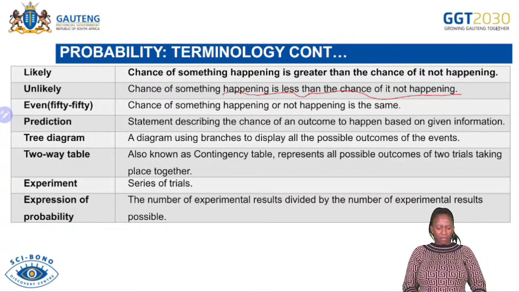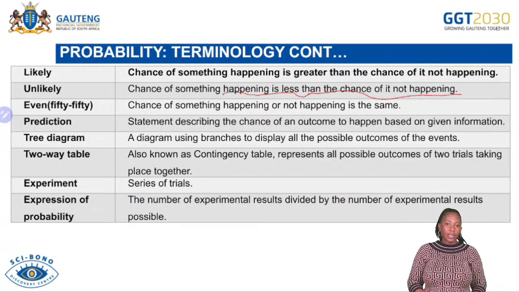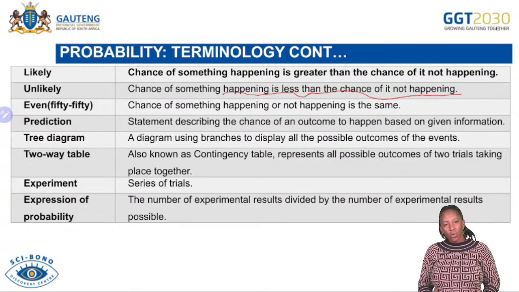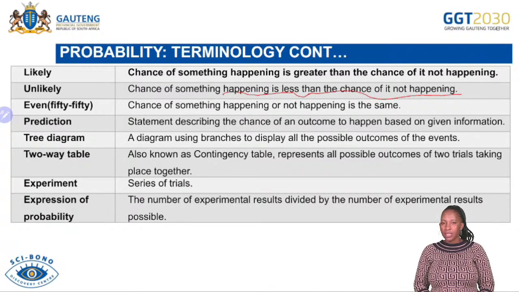We have also experiment. An experiment is a series of trials. Remember what I just said now. In a two-way table, we toss 2 coins. So we'll toss these 2 coins for the first time. That means it will be for the first trial, and then we toss it again, second time, third time, fourth time.